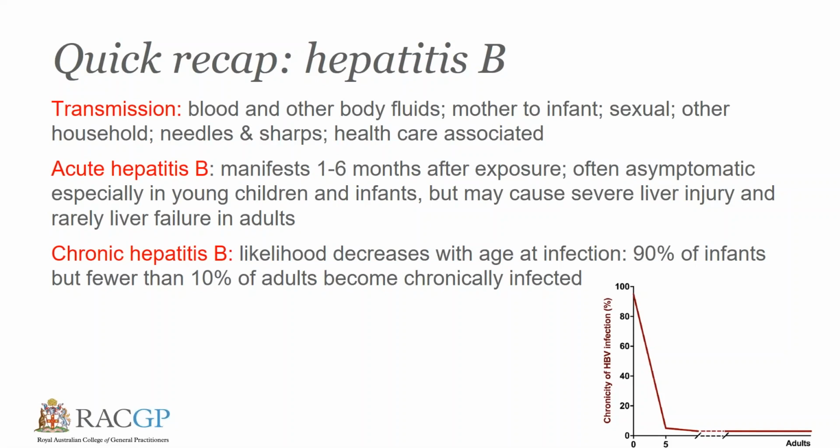That compares to someone who catches the infection as an adult, where 90% of adults will clear the infection and only 10% become chronically infected. So this is all very much tied up in the pattern of hepatitis B we now see in Australia.